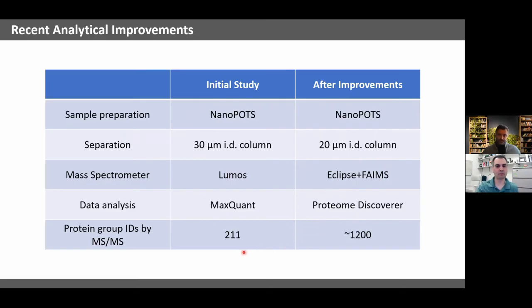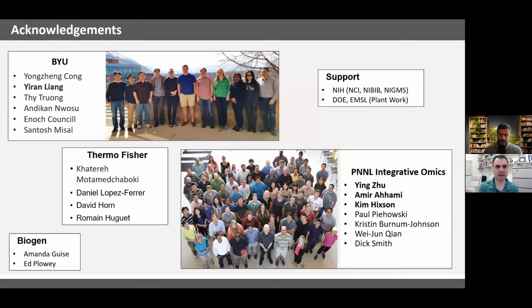We can improve our single cell proteome coverage from around 200 protein groups. More recently, we're up in the 1,200 to 1,500 protein groups per cell using more sensitive analyses. And so with that, I'll close.